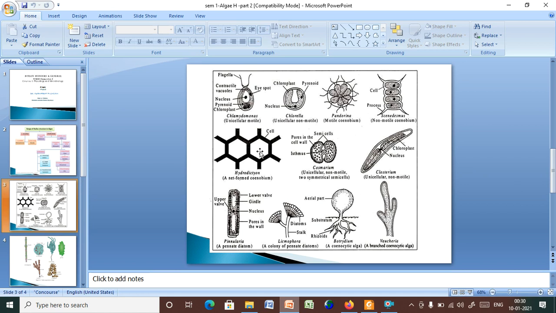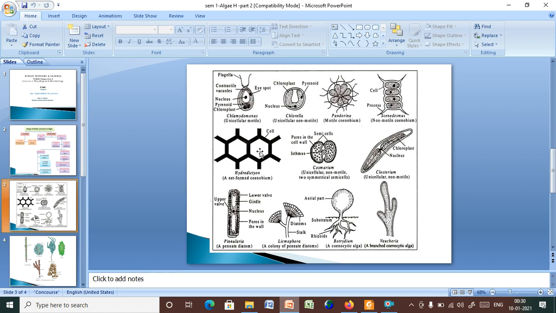The word coenobium is singular, and the plural is coenobia. And the typical example is Volvox.